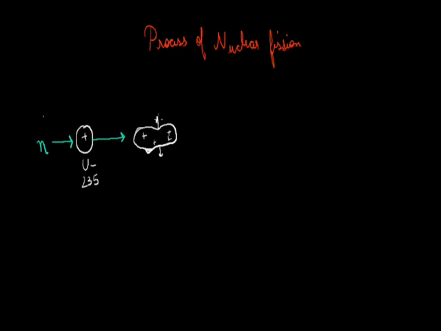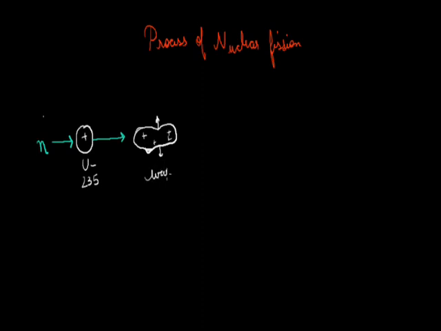These two bumps represent the neck shape of the nucleus. Whenever a fast neutron bombards this spherical uranium-235, it distorts the shape and forms a wisp-like shape.